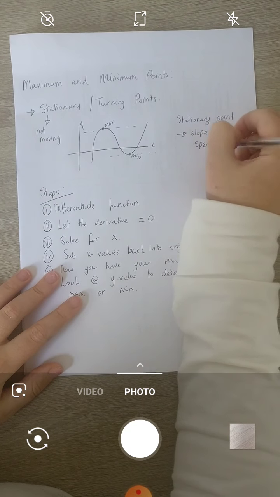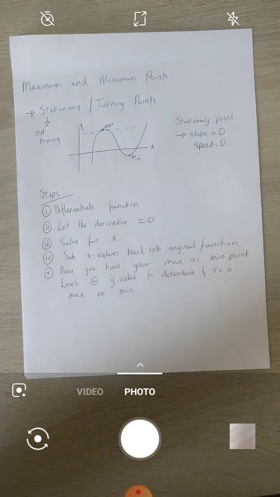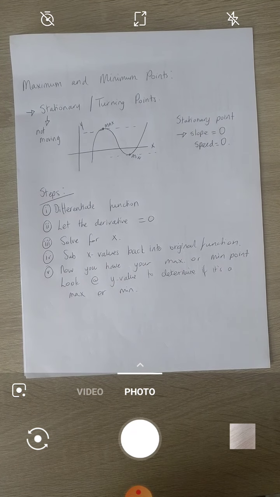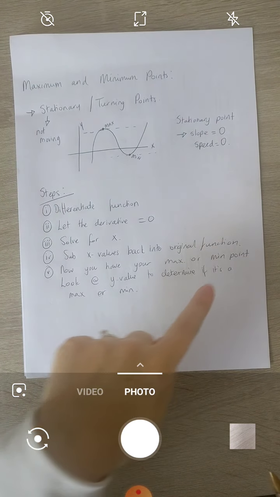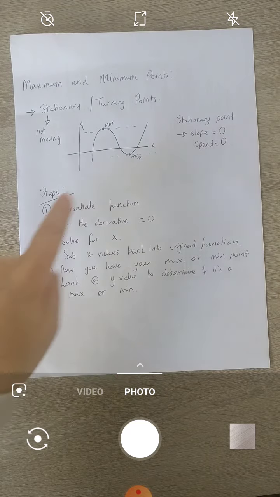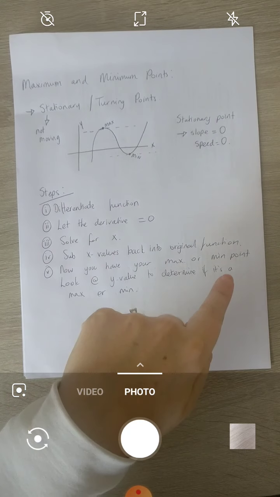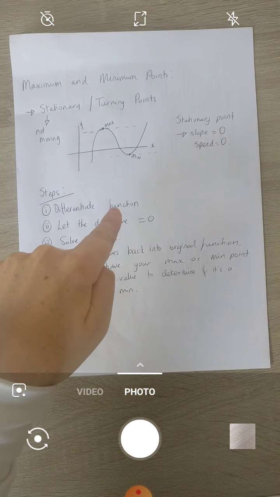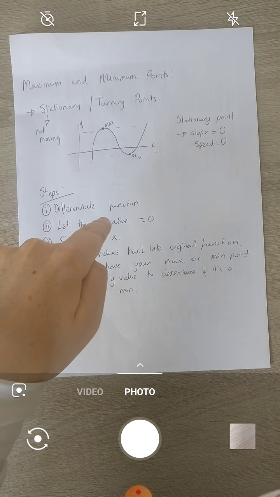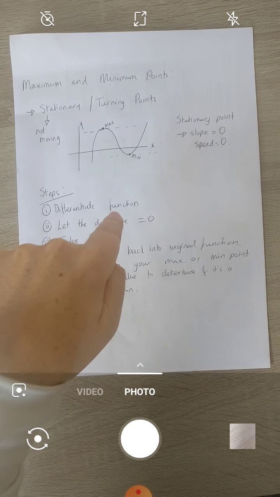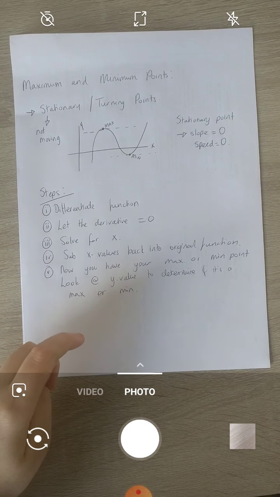So it's not moving. Imagine you kick a football, and when it changes direction, about to come back down, for a tiny, tiny split second, that football has stopped to change direction.